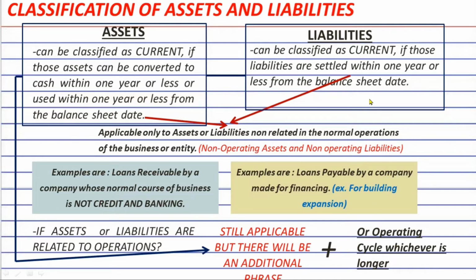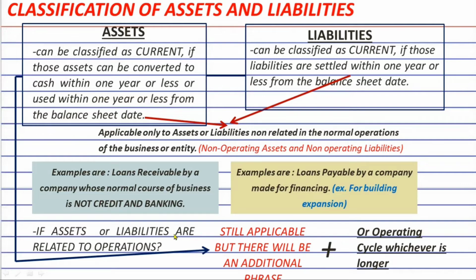So, the 1 year will now be versus the operating cycle. Okay? And on the liabilities related to operations, we can classify them as current if those liabilities are settled within 1 year or less from the balance sheet date or operating cycle, whichever is longer.